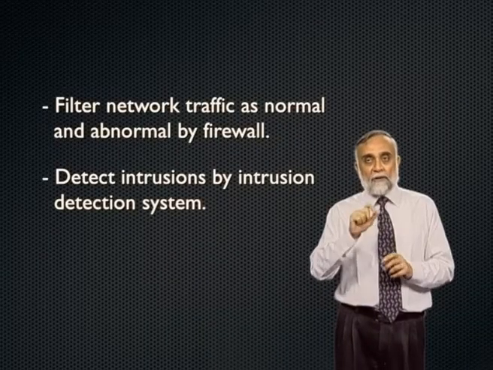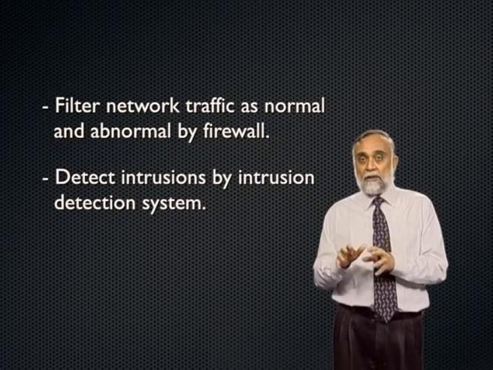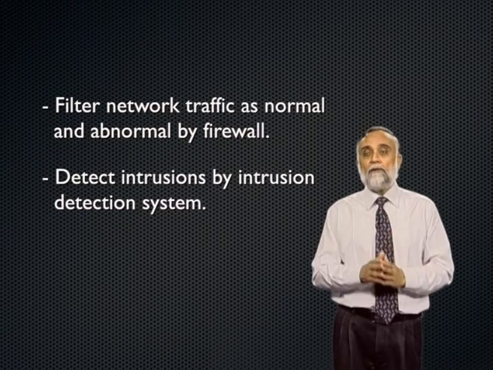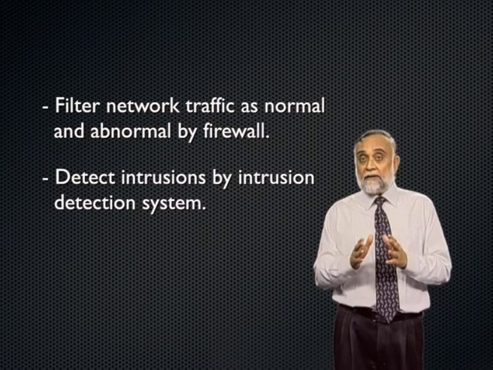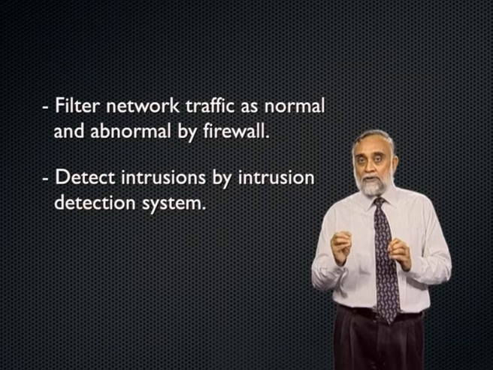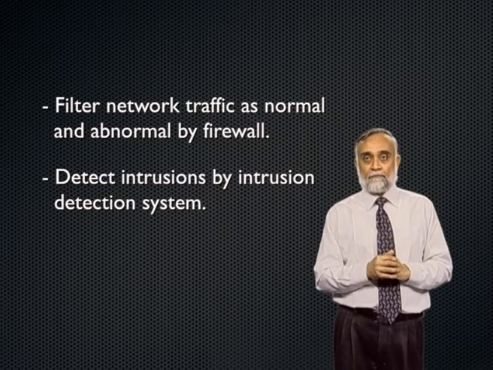Finally, perimeter security is an important defense for securing an enterprise network. The tasks of perimeter security are to filter network traffic as normal and abnormal by firewall and detect intrusions by intrusion detection system.